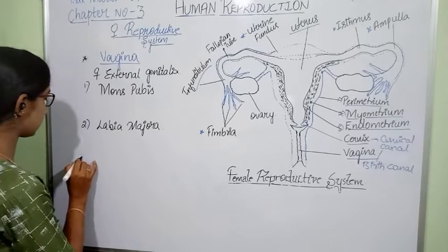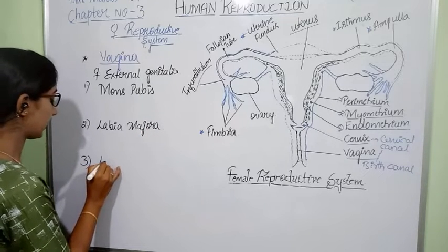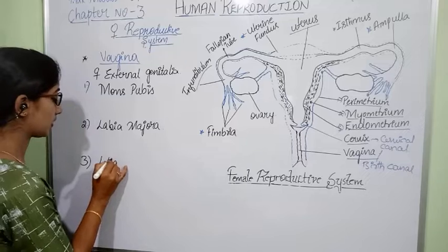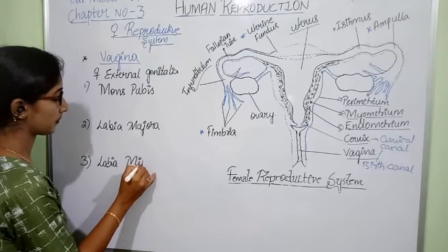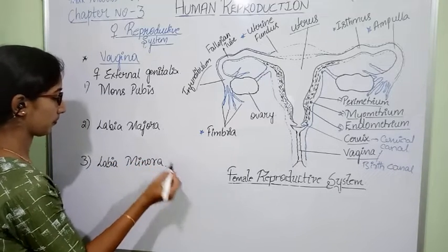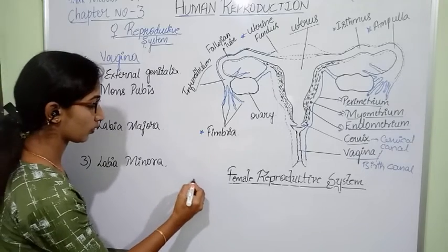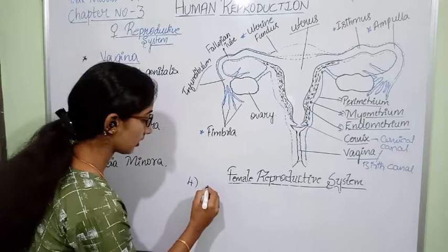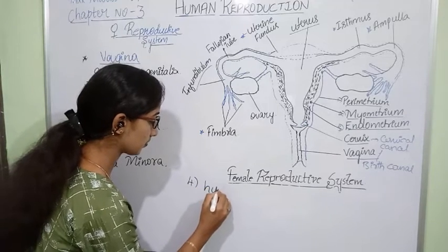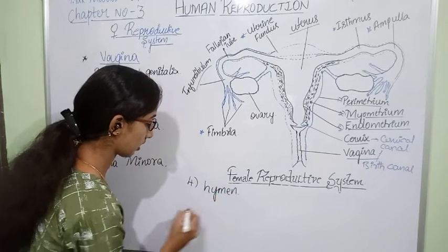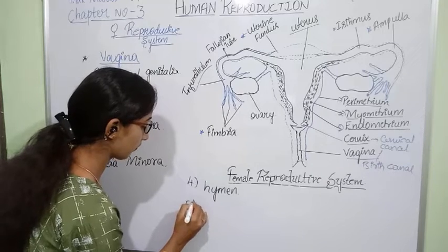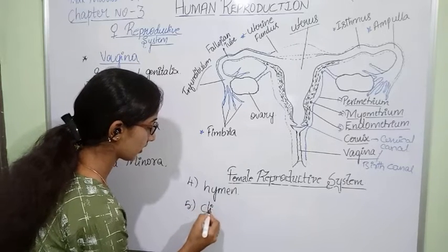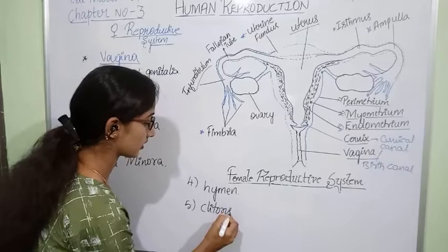The third one is labia minora. Fourth one is hymen, and the last, fifth one is clitoris.